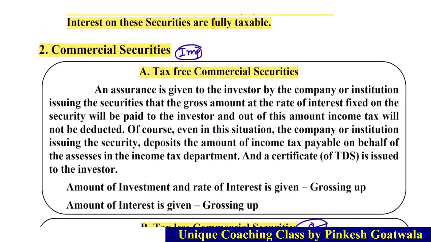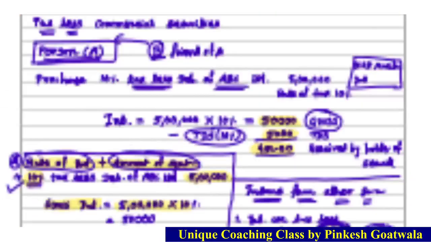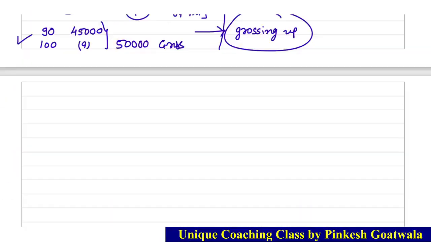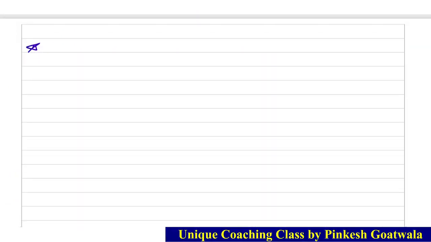Now let's see the another type of commercial security, that is tax free commercial security. So let's understand this point. Here also let's take an example.